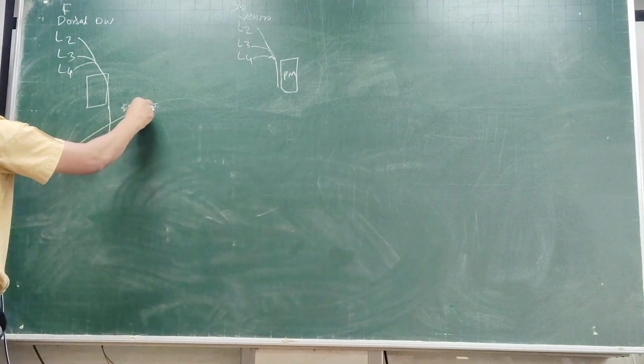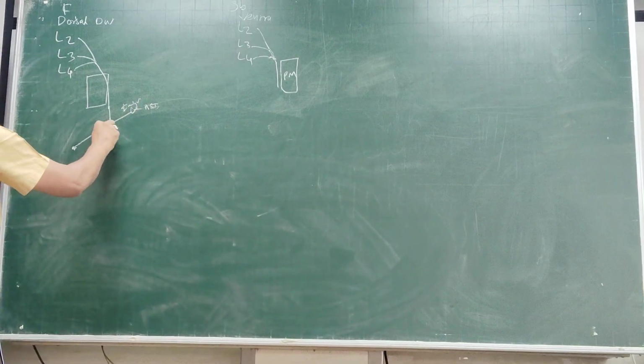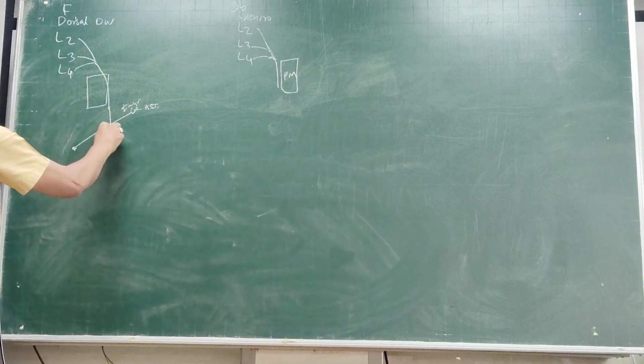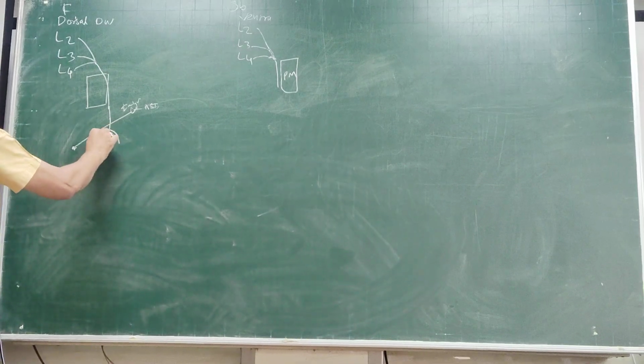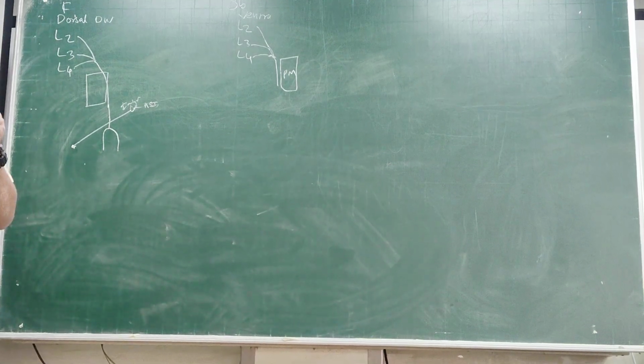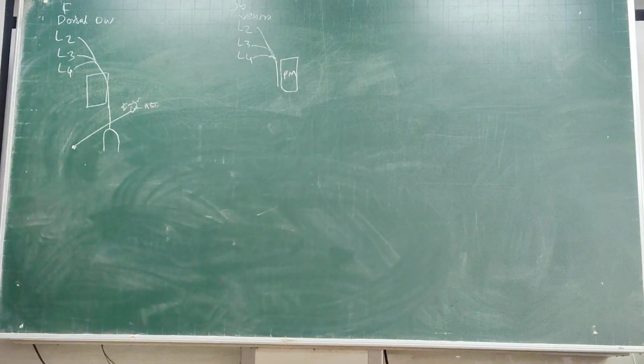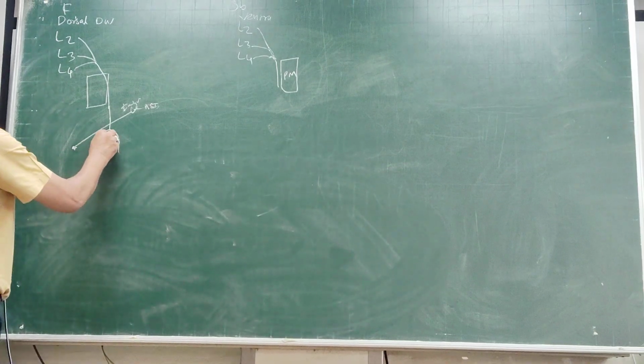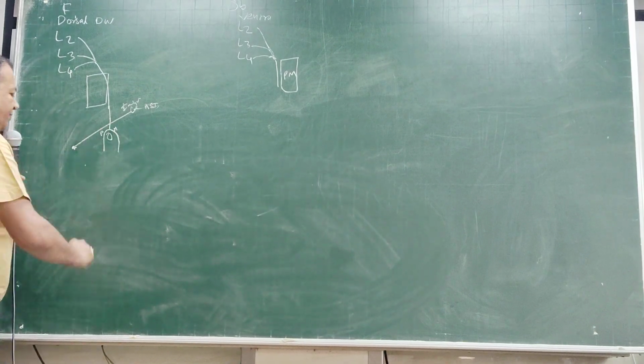The femoral nerve enters the thigh, the femoral triangle, and divides into anterior and posterior division, separated by the lateral circumflex femoral artery.